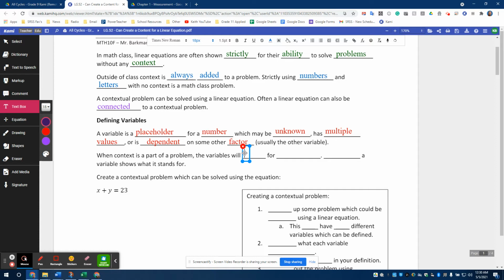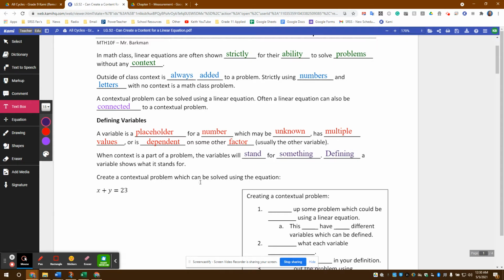When context is a part of a problem, the variables will stand for something. When we talk about context, defining a variable shows what it stands for.